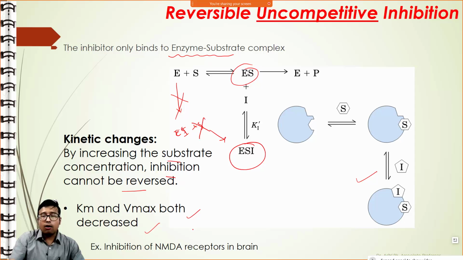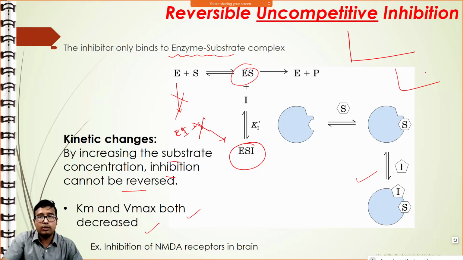Okay? So can you tell me how the Michaelis-Menten curve will look and how the Lineweaver-Burk plot will look? In case of competitive, it was looking like this. It was starting low, but ultimately it was reaching. In case of non-competitive, it was starting like this, but it was remaining like this. In case of uncompetitive, what will happen?